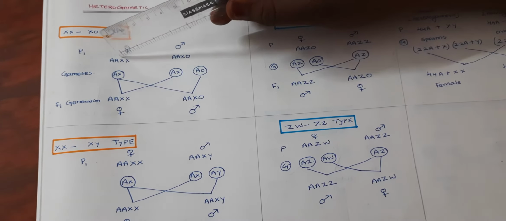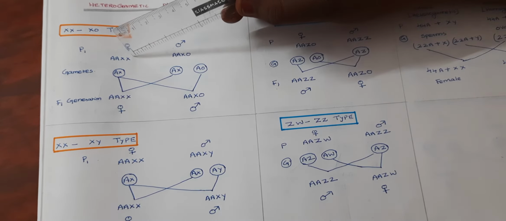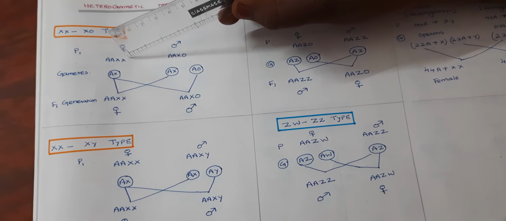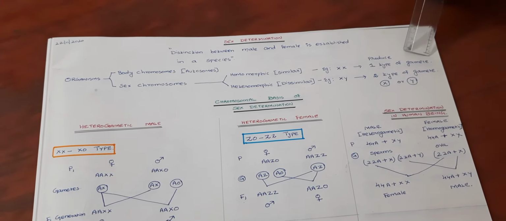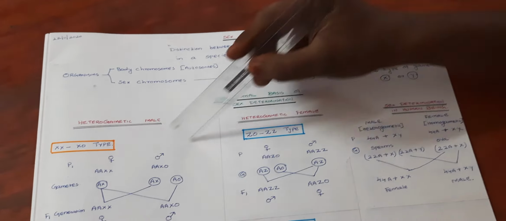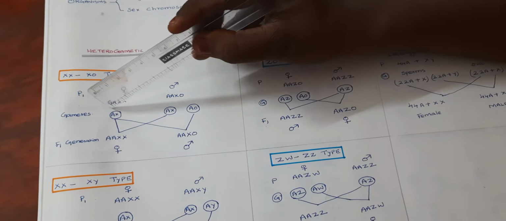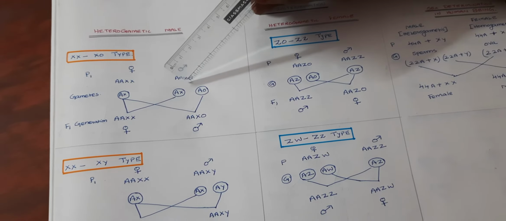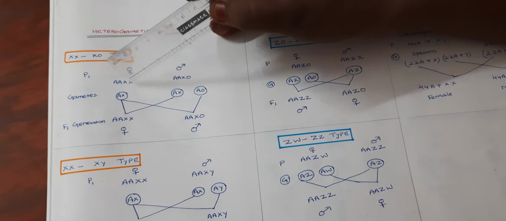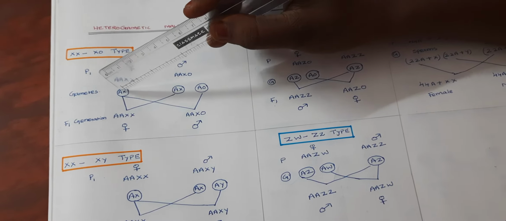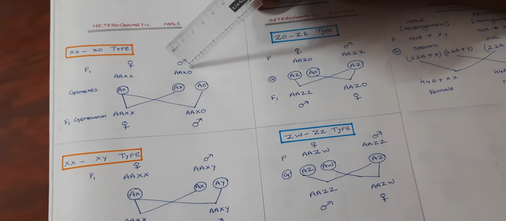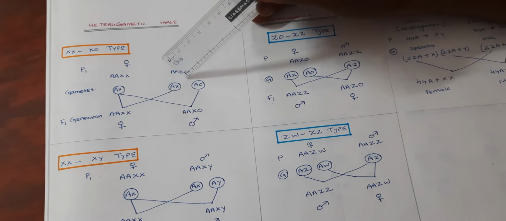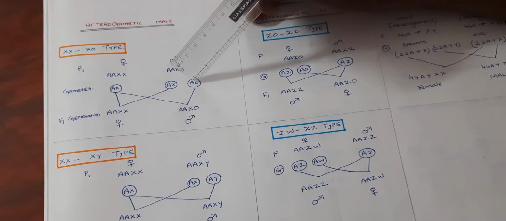Here AAXX is the female. I already told you the homomorphic produces only one type of gamete. In the same way, these are homomorphic and this is heteromorphic. AAXX produces one gamete, AX, and AAXO produces two gametes, AX and AO.